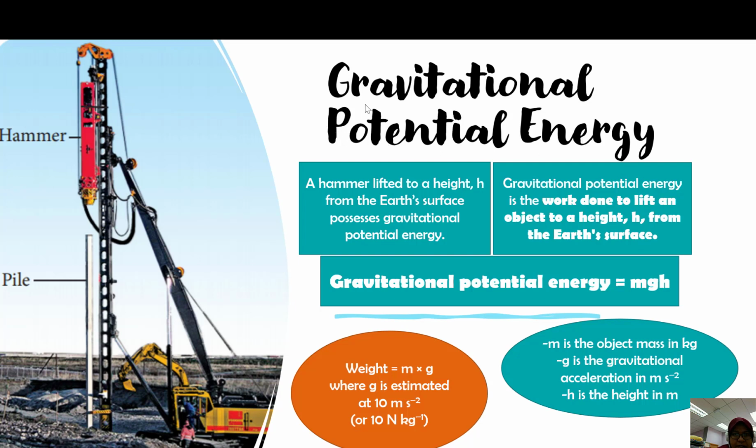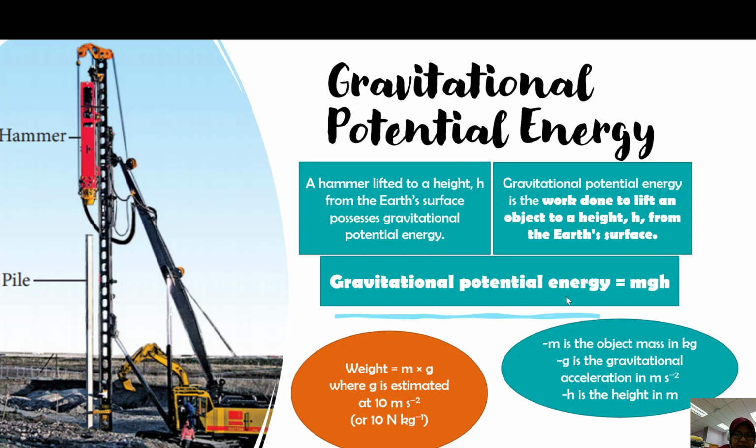You cannot only say potential energy, because potential energy has two different types, which are gravitational potential energy and elastic potential energy. We will look at elastic potential energy after this. So let's get back to gravitational potential energy.